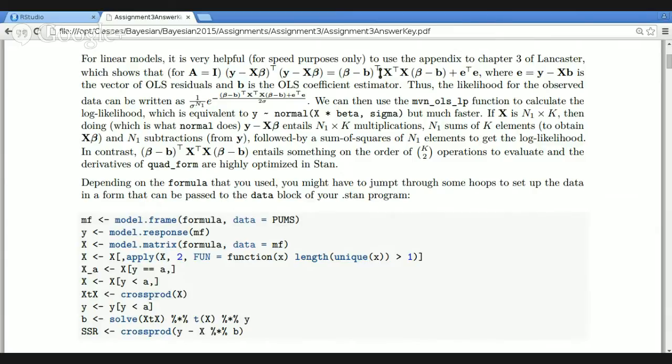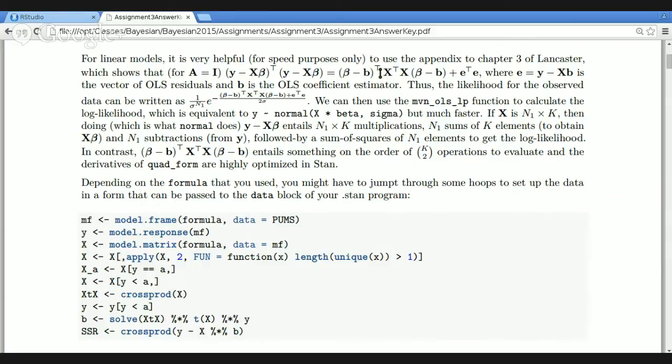And so if you have 100,000 observations and 15 predictors, then there's going to be 100,000 times 15 terms in the chain rule that Stan has to keep track of in order to get the derivative of the log posterior distribution with respect to each of those coefficients.